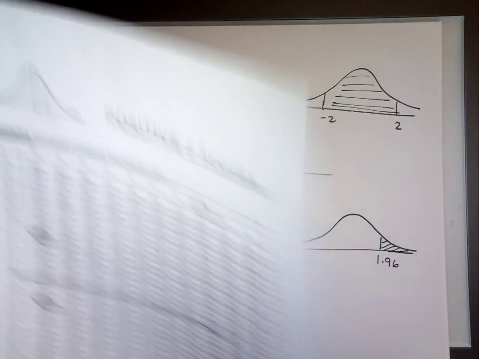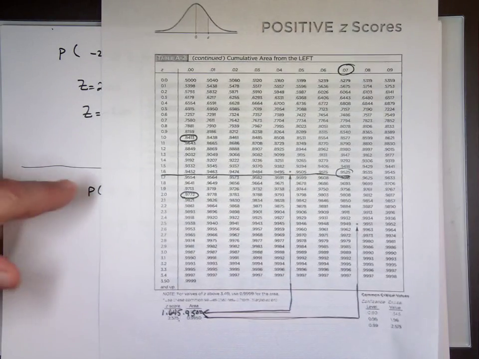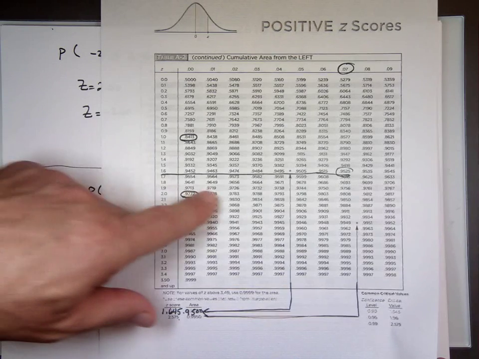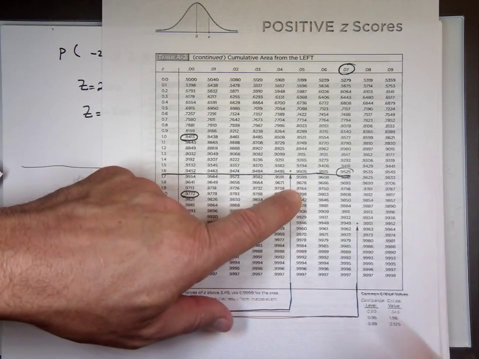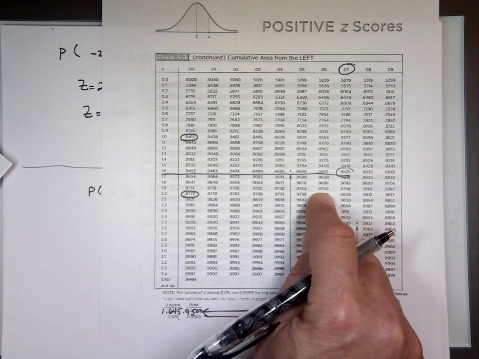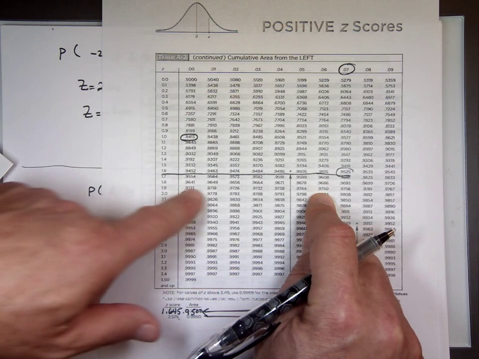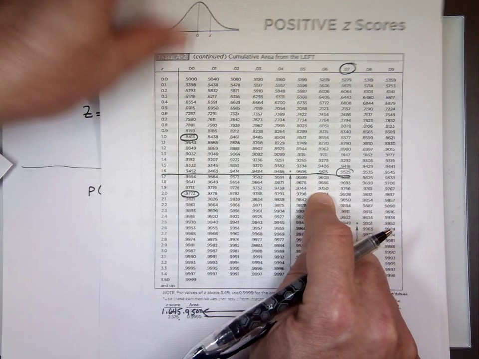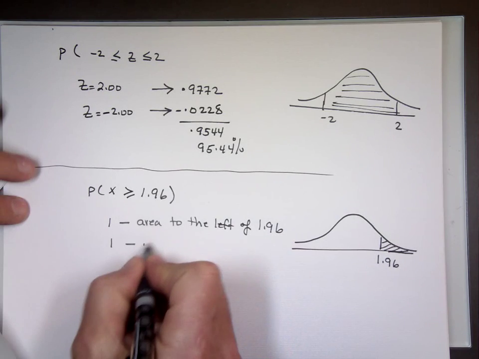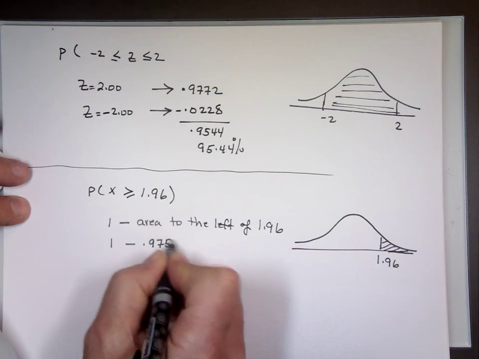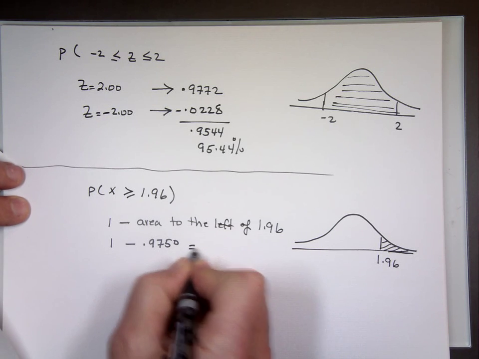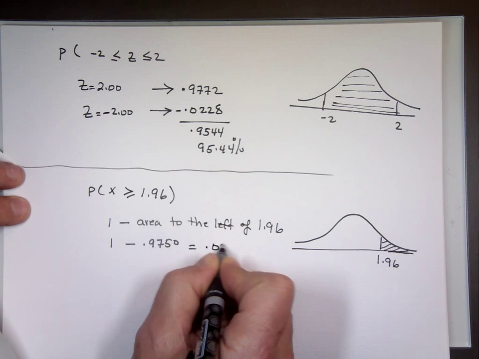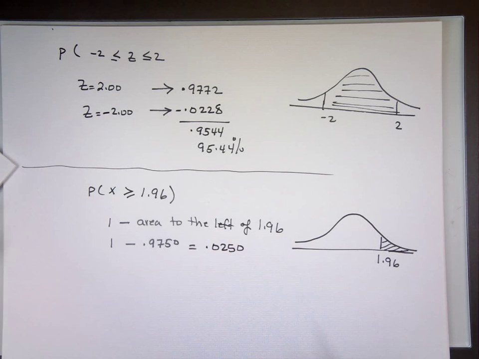I go to my table, 1.96. Is it 0.9750? And that'll give me what? 0.0250. That's one way of doing it.